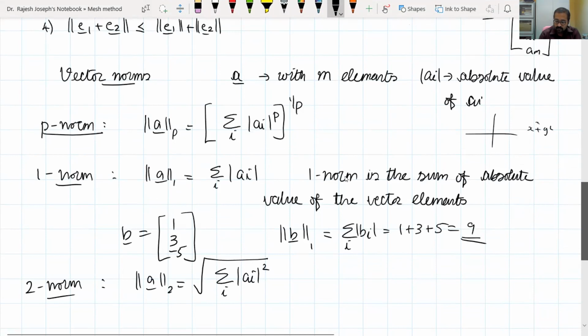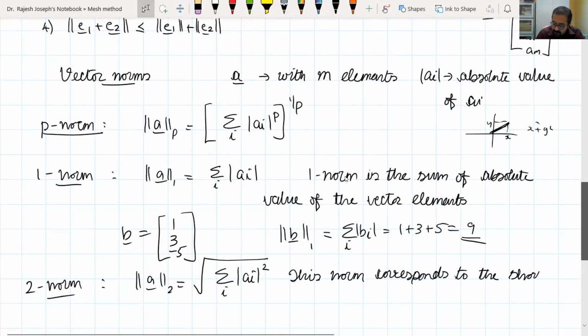Suppose you are here; this is X and this is Y. This represents the shortest distance basically. This norm corresponds to the shortest distance between 2 points.